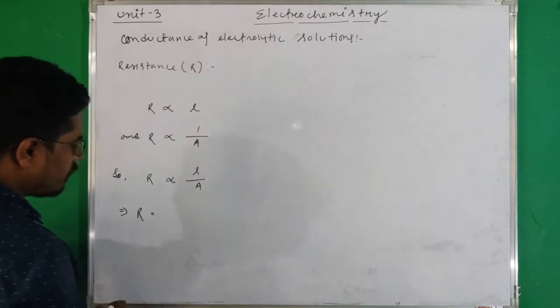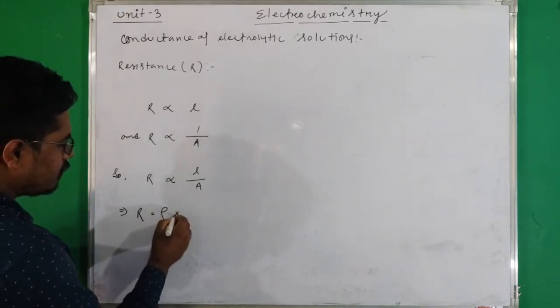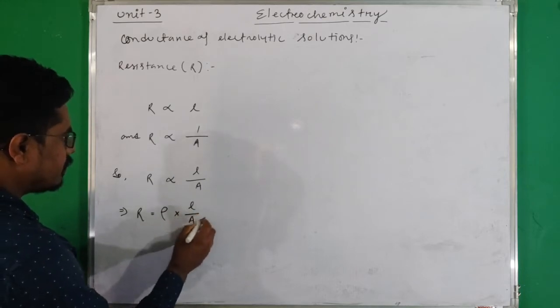R equal to, we have to put a constant, and that constant is known as rho, and it is called resistivity.